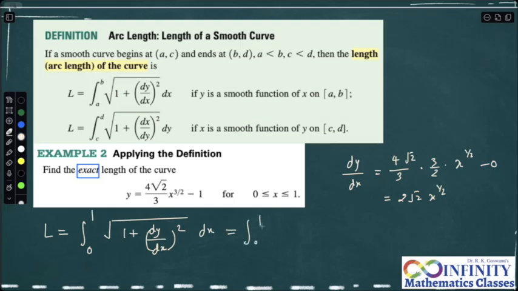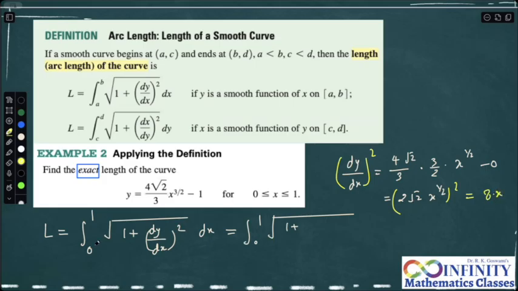So just substitute the values. dy over dx was 2 square root of 2 x power half. What if I put a square on both sides? This will be the expression. 2 root 2 squared is going to be 8. This is going to be x.